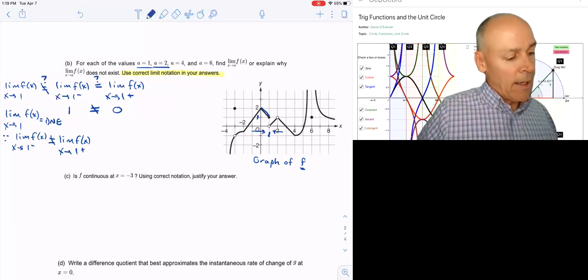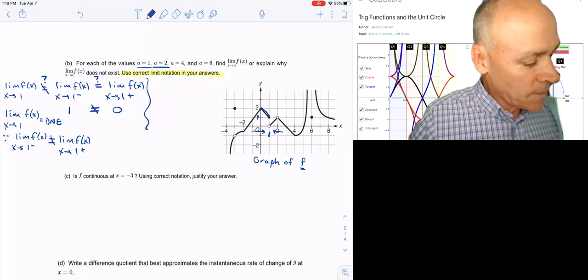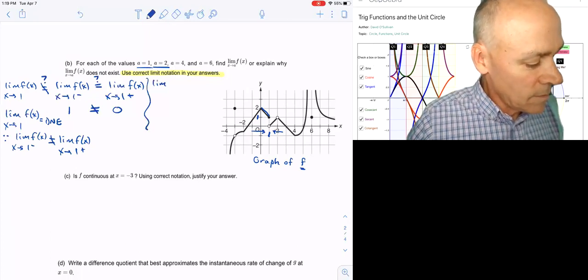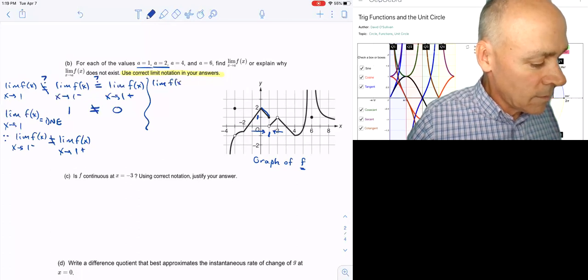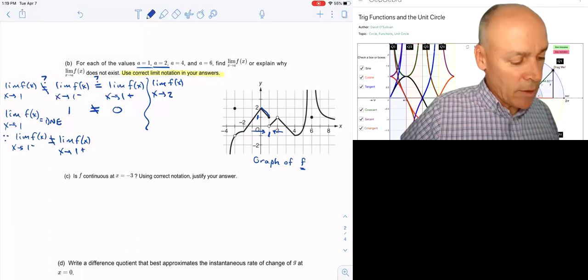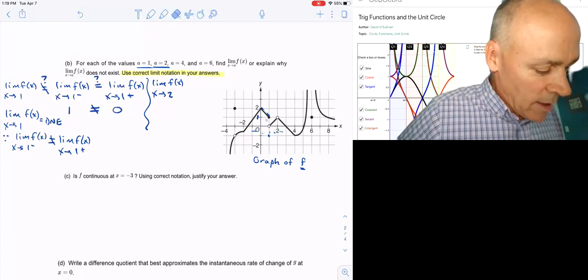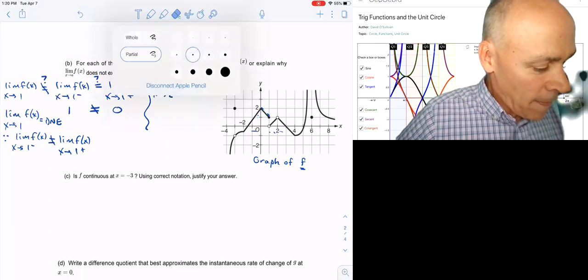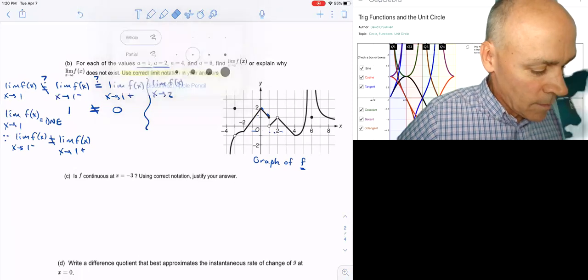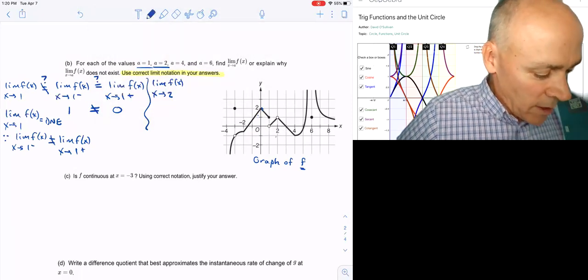Now the limit of the function as x approaches 2. Might be an easier way just to go straight to the graph on that. So if I look at this, now I'm interested in the function as x is approaching 2.